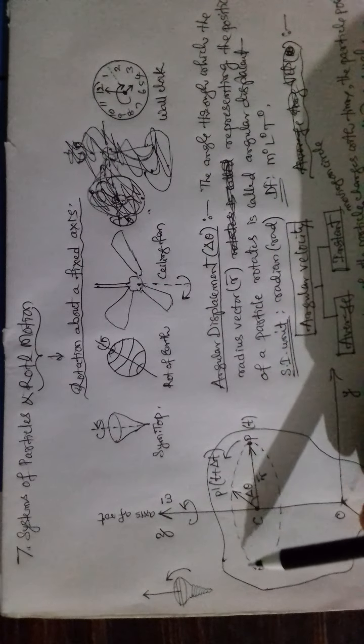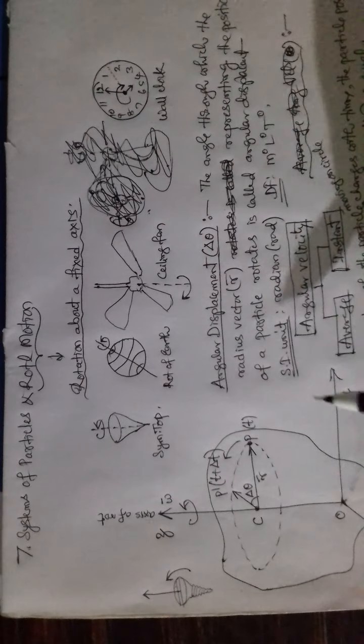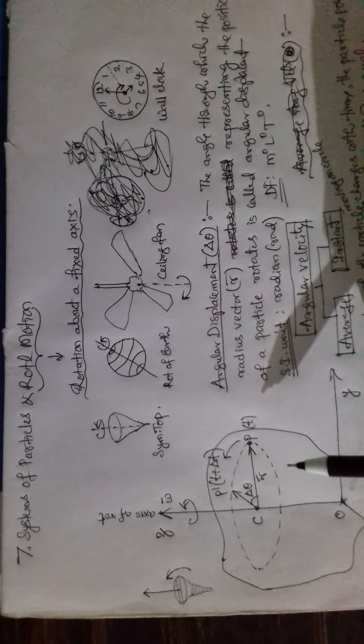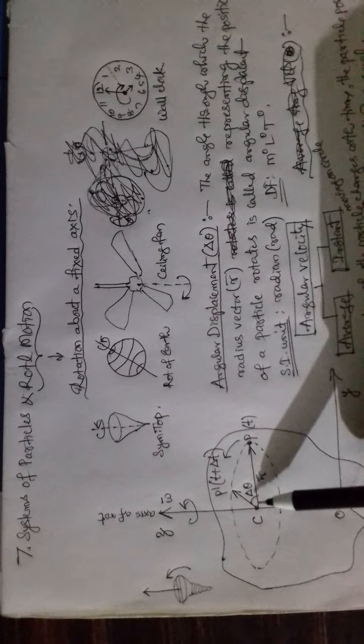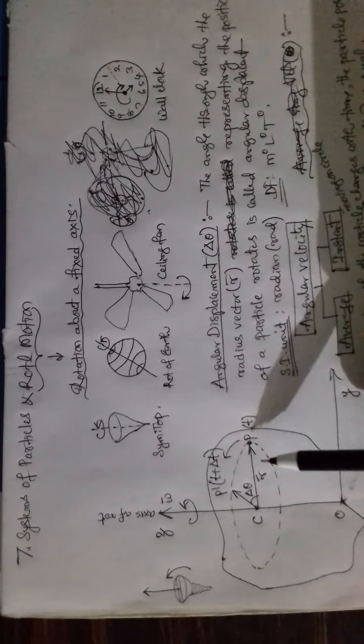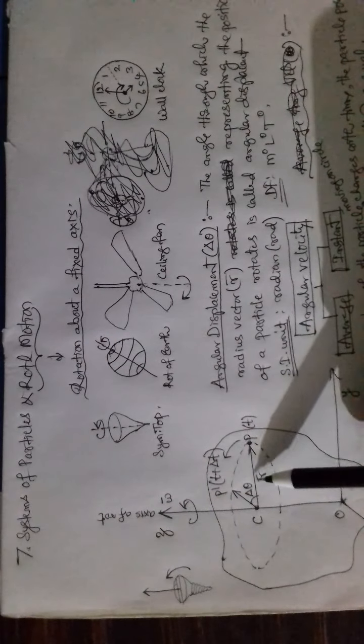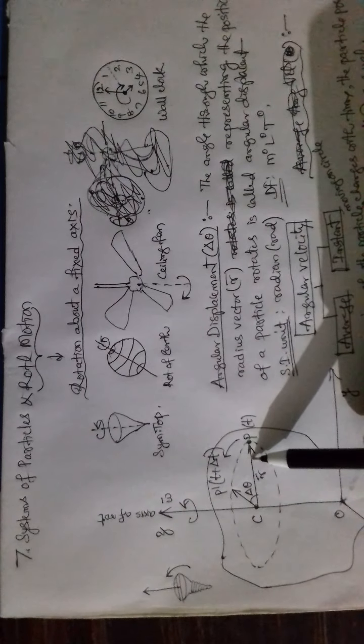So this is the circle described by the particle during rotation. And a vector from here to the particle is called the radius vector, represented by r bar. This is the radius vector.